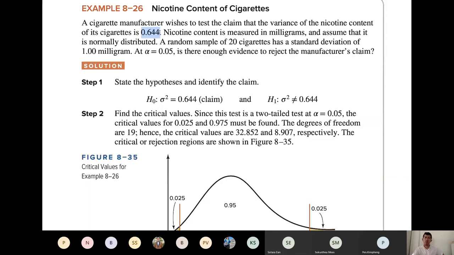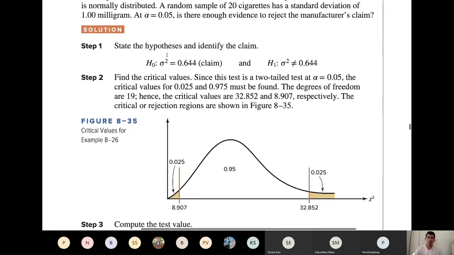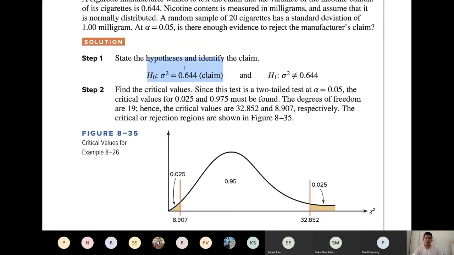So in order to see whether this kind of cigarette observes the law, we have to test this value. So based on what is told, you have to state the hypotheses and identify the claim. This is the claim because it claims that the variance is this value. And this is the alternative.